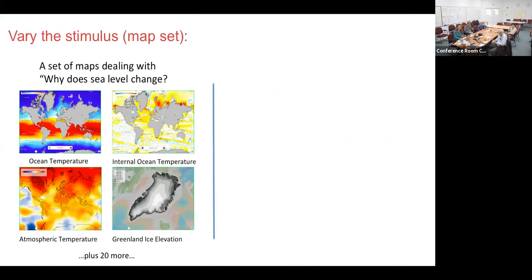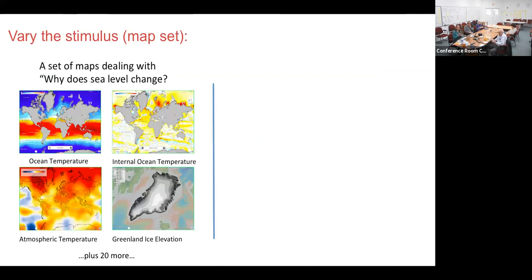In our study, we varied the stimulus, which is to say the map set. They didn't look at just a single map; they had access to a whole group of maps that covered one of two different topics. The first set of maps had to do with why sea level changes. We gave them maps about ocean temperature and ice and atmospheric temperature and so on and so forth.